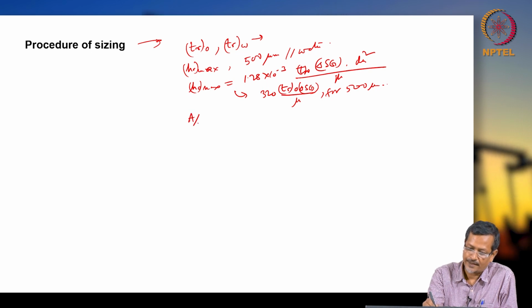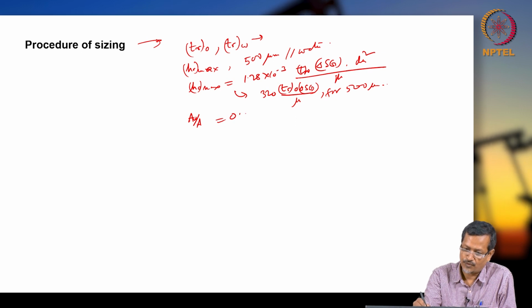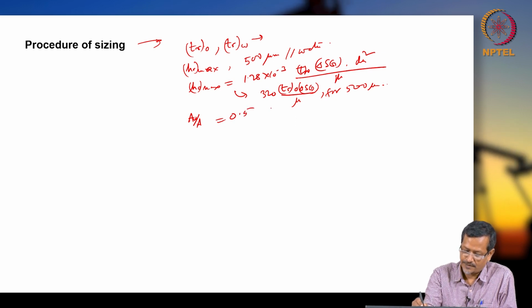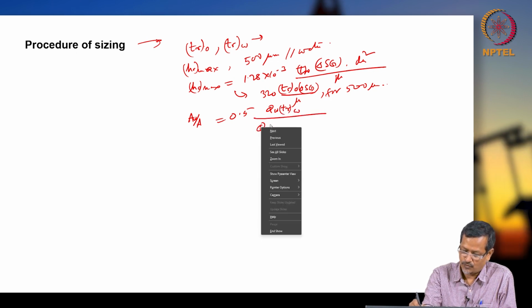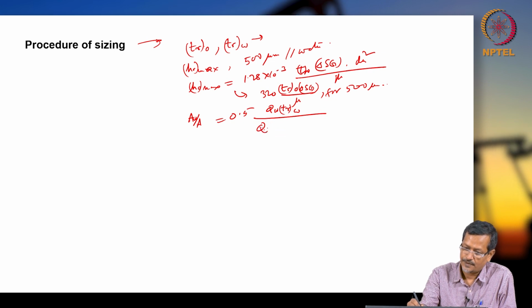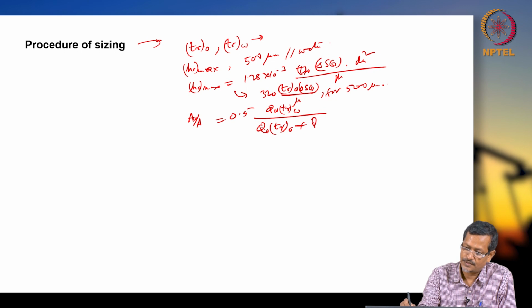Now you calculate AW by A. The formula is 0.5 QW TRW divided by QO TRO plus QW TRW.